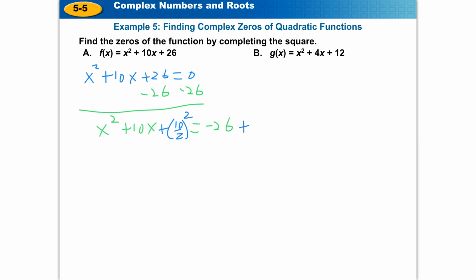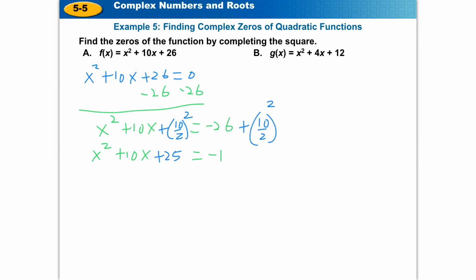We want to add that to both sides. So x squared plus 10x, 10 over 2 is 5. 5 squared is 25. So we've just created a perfect square trinomial, and this equals minus 26 plus 10 over 2 squared, that's going to be negative 26 plus 25 is negative 1.